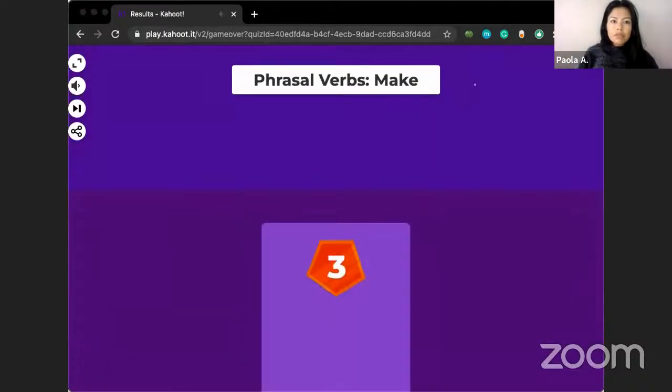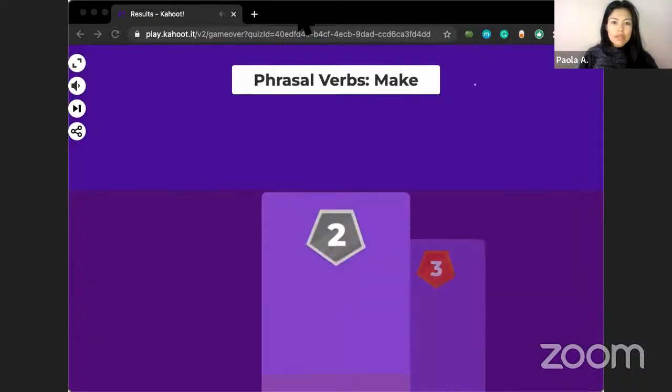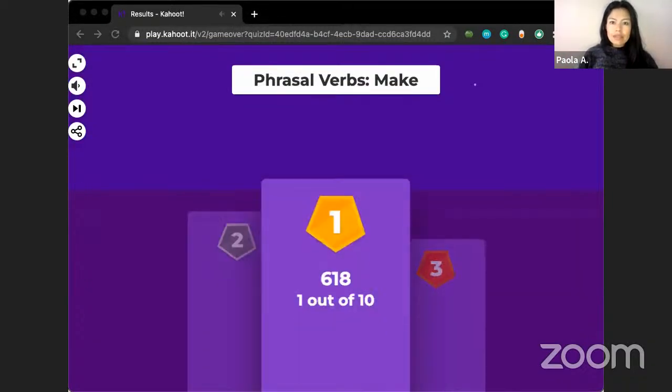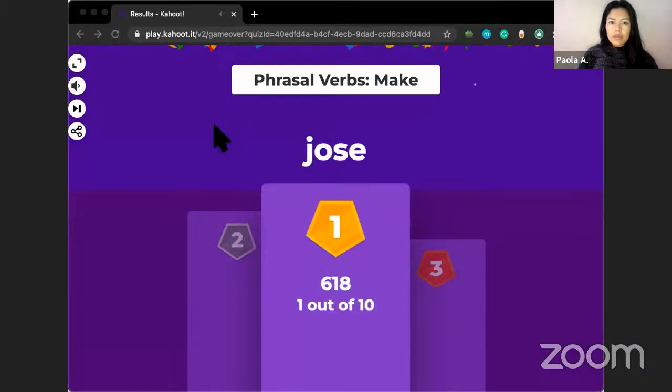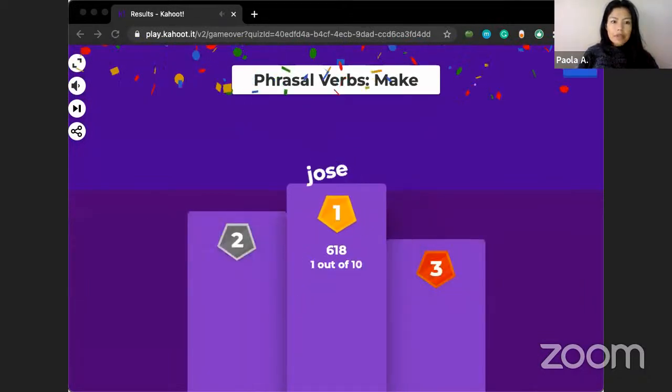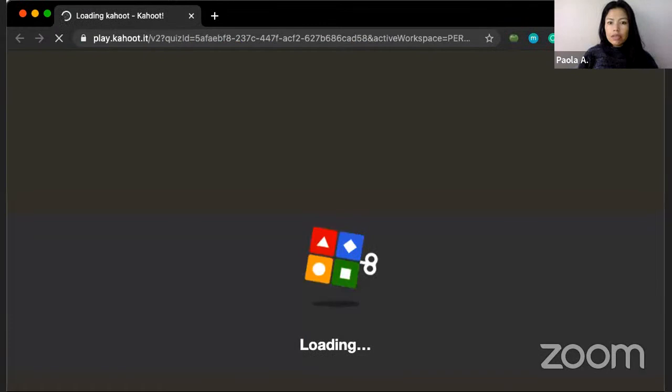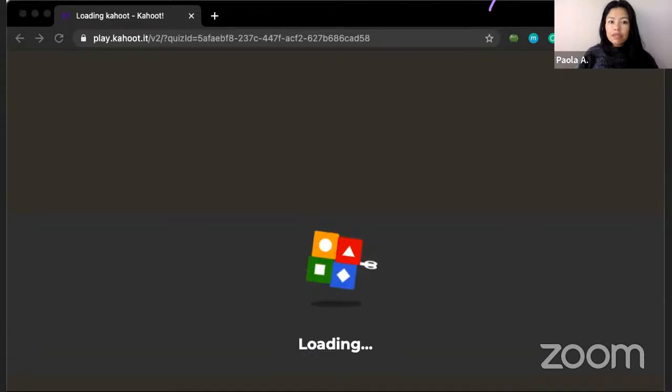So let me run the next one. I'm trying to do this because there are so many different types, but sometimes it's better to see them in order.